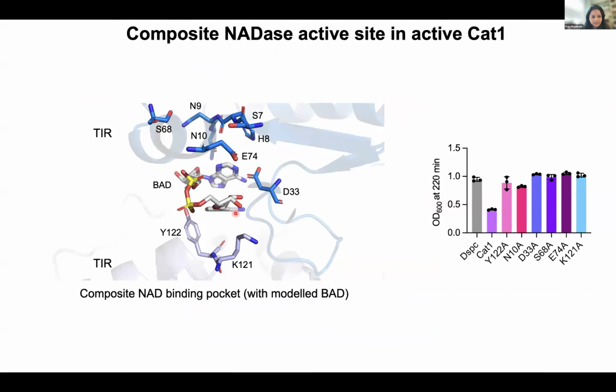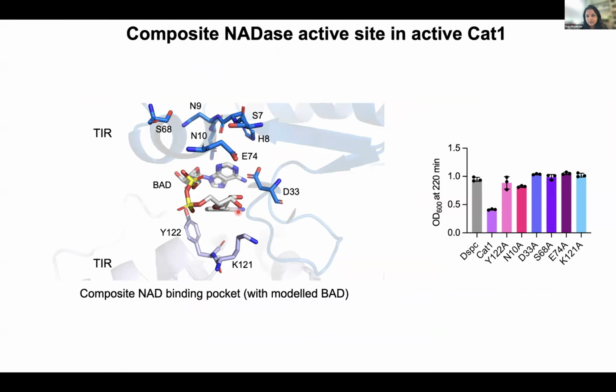If you can see here, that moiety is absent in the case of ADPR, so the density is smaller. So I could not fit the full NAD molecule in that density, but I could only fit the ADPR molecule in the density that I had.